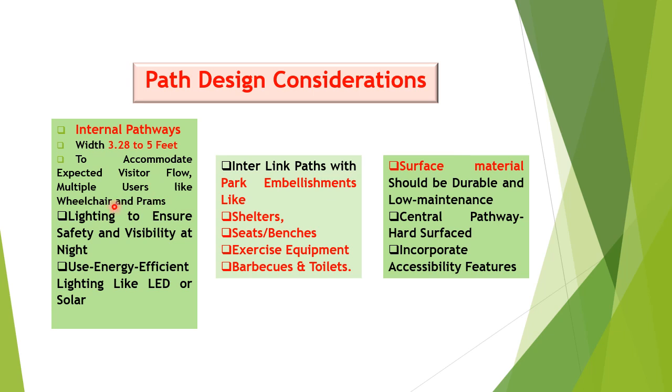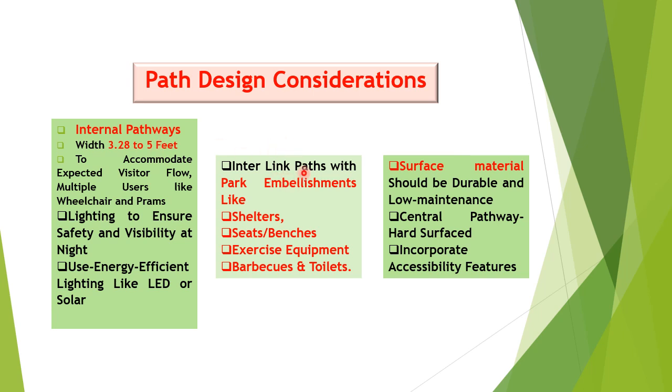Users like wheelchairs and prams, it should accommodate wheelchairs, it should accommodate prams. And then you have to use lighting to ensure safety and visibility at night. Use energy efficient lighting like LED or solar lights. So that means the internal path width can be from 3.28 to 5 feet.